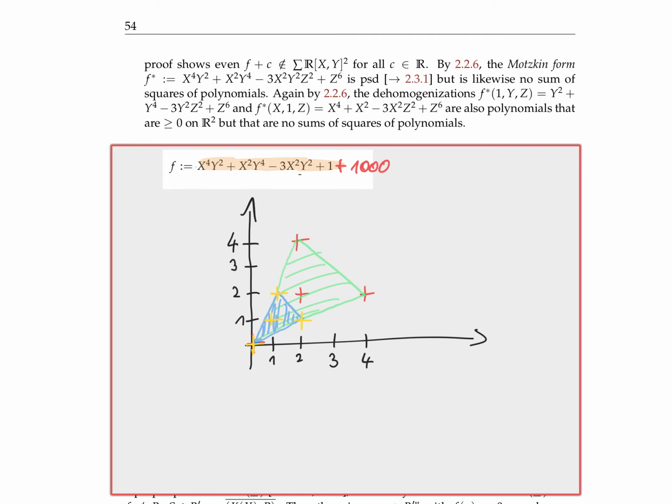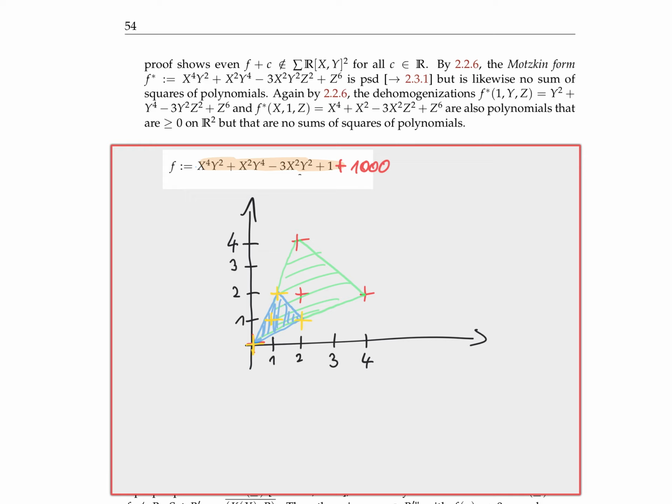Maybe you could think that could help, so that it might make it more probable that it will be a sum of squares after adding such a number. But that's not the case. No matter what constant you add here, it will never be a sum of squares. With exactly the same proof, right? Because we did not even use what the constant is here, right?